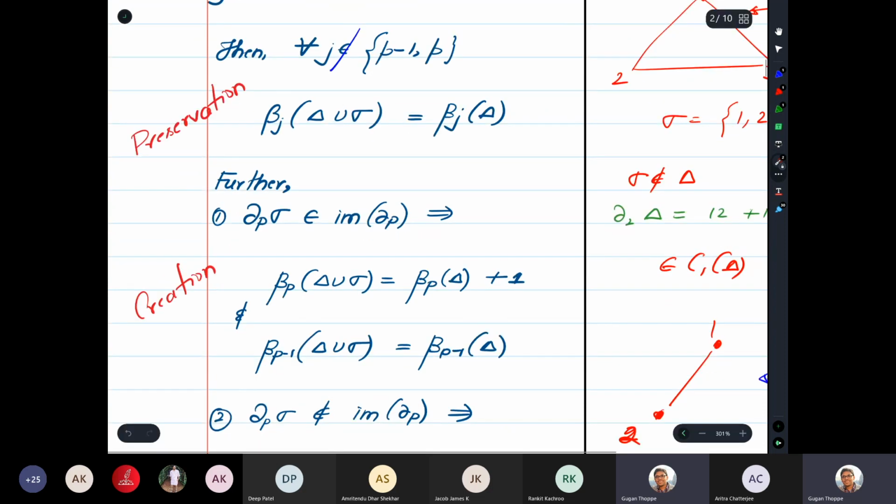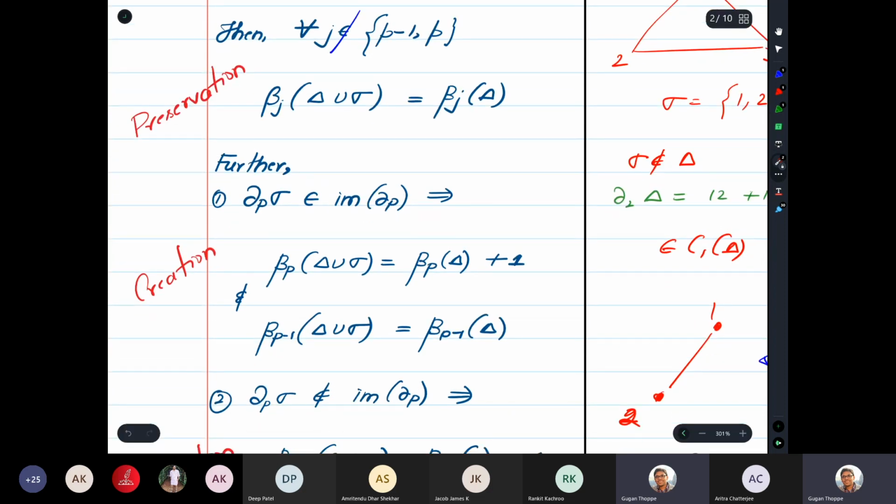Now let's move on to the second part of this statement. This statement says that if ∂_p of sigma lies in the image of ∂_p. This statement needs to be interpreted appropriately, but we will come to it soon. If this holds, then if you add sigma to delta, the pth Betti number will increase by 1 and the (p minus 1)th Betti number will remain unchanged.